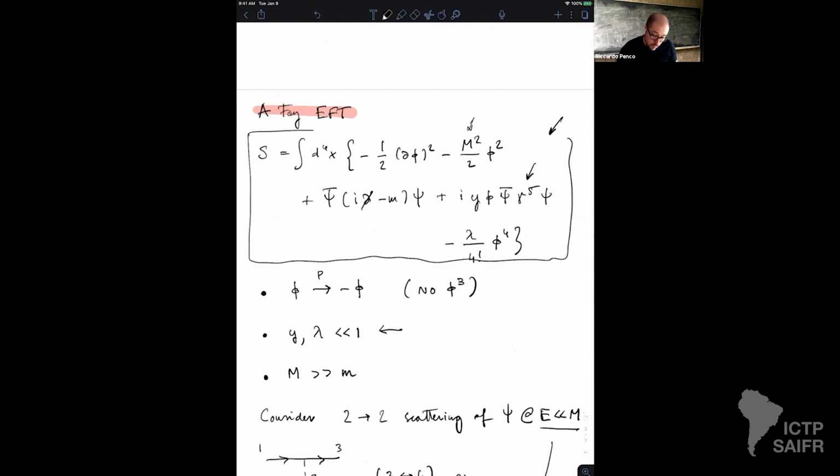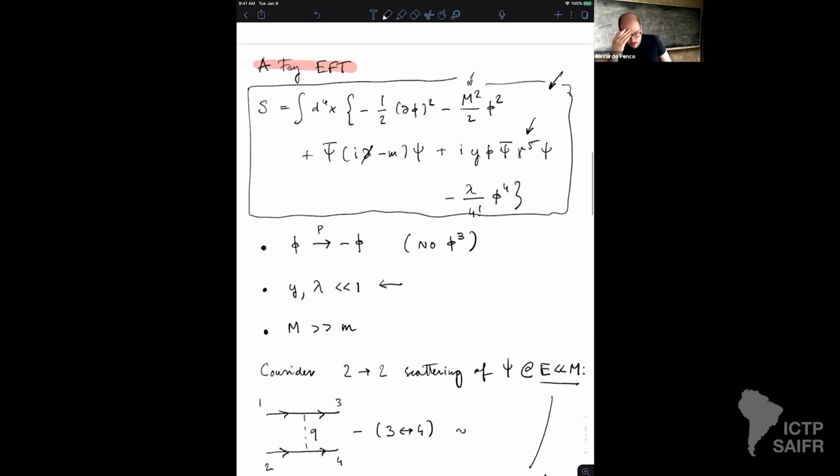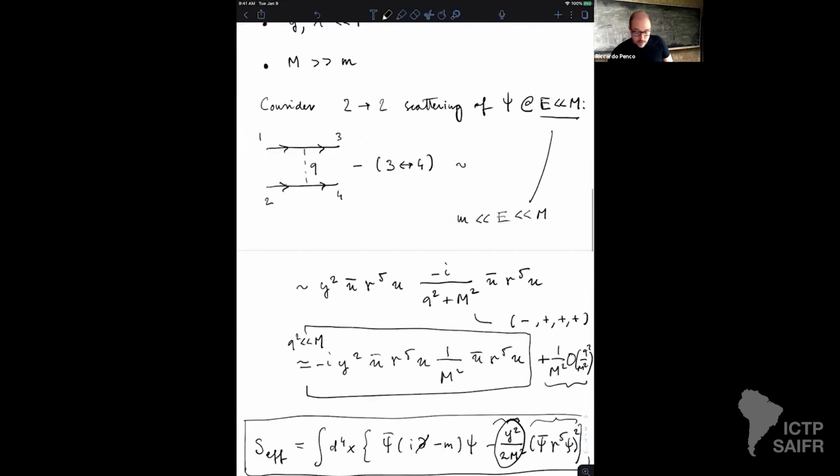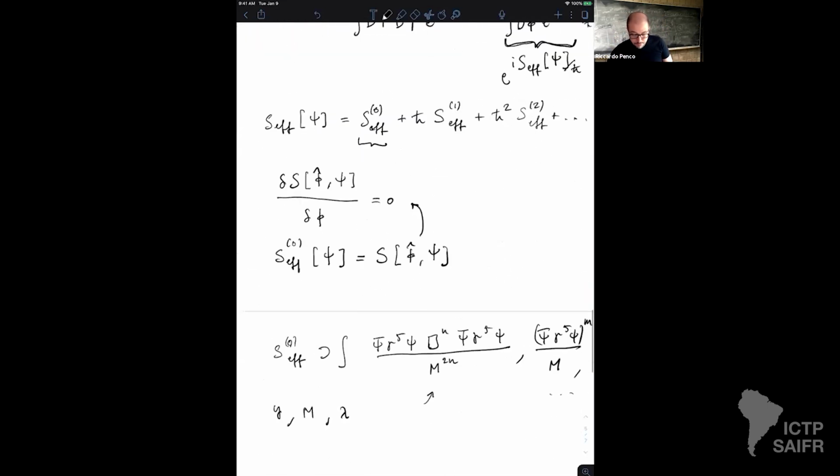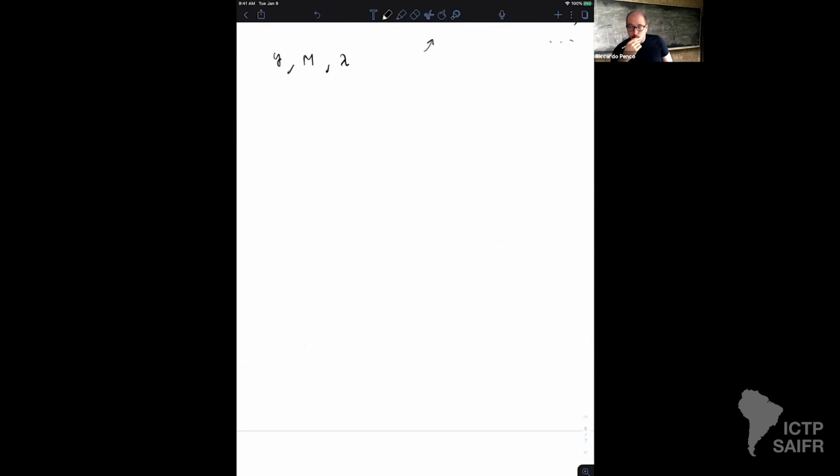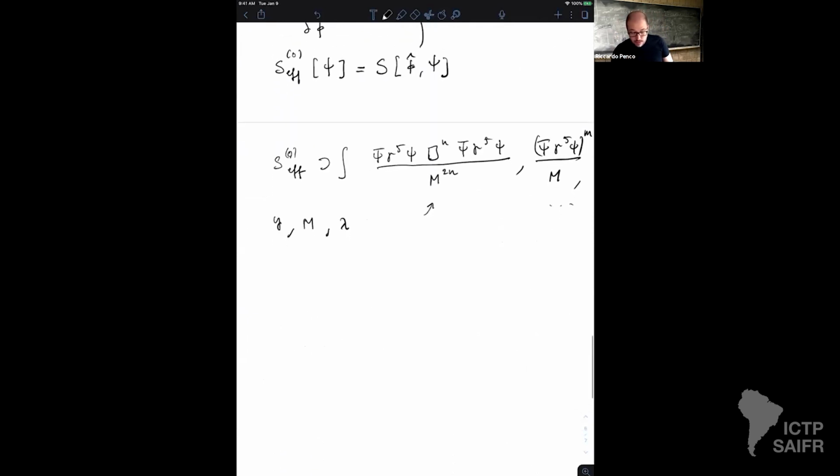Now, in nature, it is not always the case that you know what the full theory is. Sometimes you're just stuck at low energies and you need to do the best you can. But the other reason is that the effective theory is also weakly coupled, so we can work in perturbation theory in powers of y and lambda.